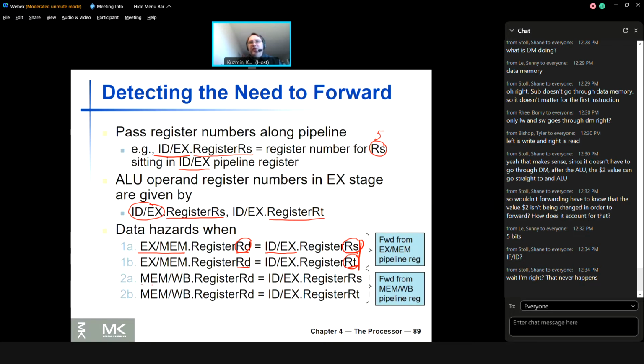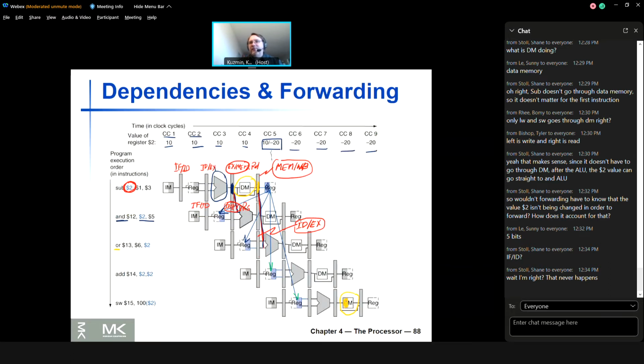So MEM/WB RD, and then ID/EX for either RS or RT. This is our second case, when we forward from the MEM/WB pipeline register to the ALU; we only have this one ALU which is engaged in the EX stage.